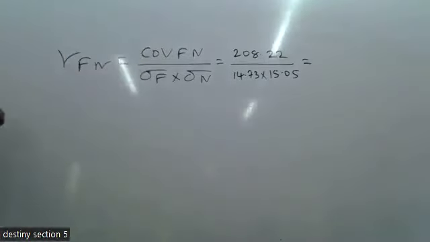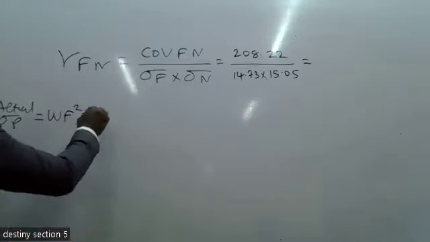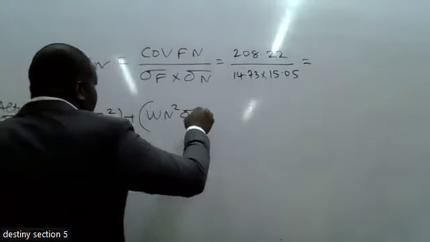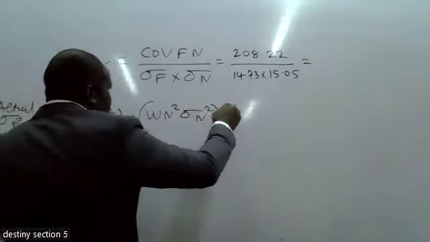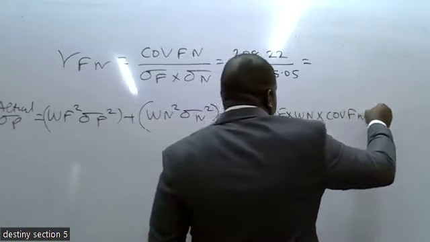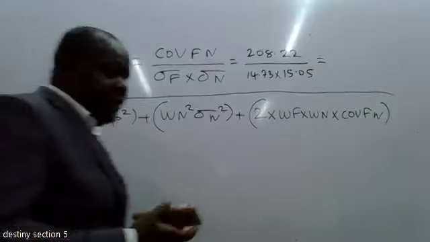To get the standard deviation for the portfolio, we get the weight of F squared times the variance of F, then the weight of N squared times the variance of N. It's not like the previous question where there were three assets.